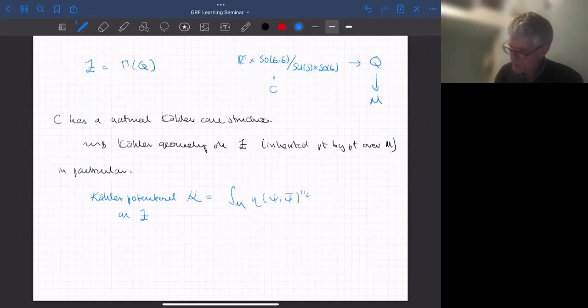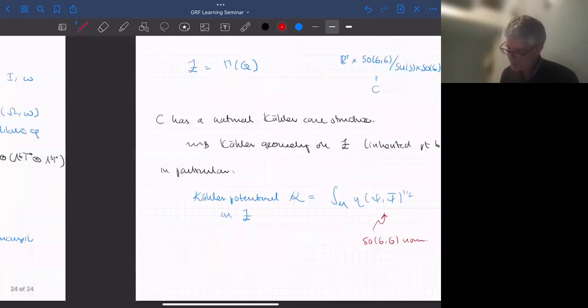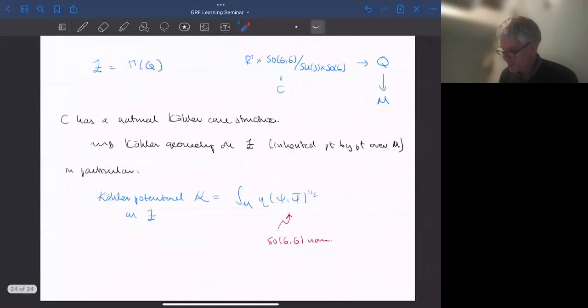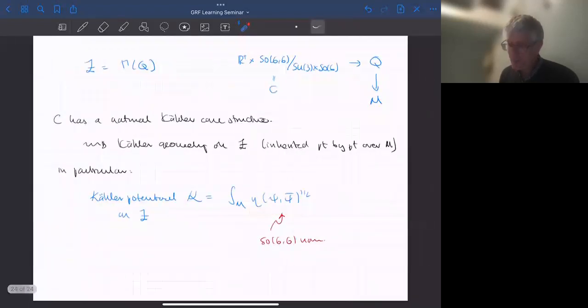This is just the SO(6,6) norm. Remember, psi was some section of wedge 3E tensor this determinant bundle. So I can use the metric to take a norm on this part. I'll get something in the determinant bundle squared. I then take the square root of that and integrate it over the manifold.